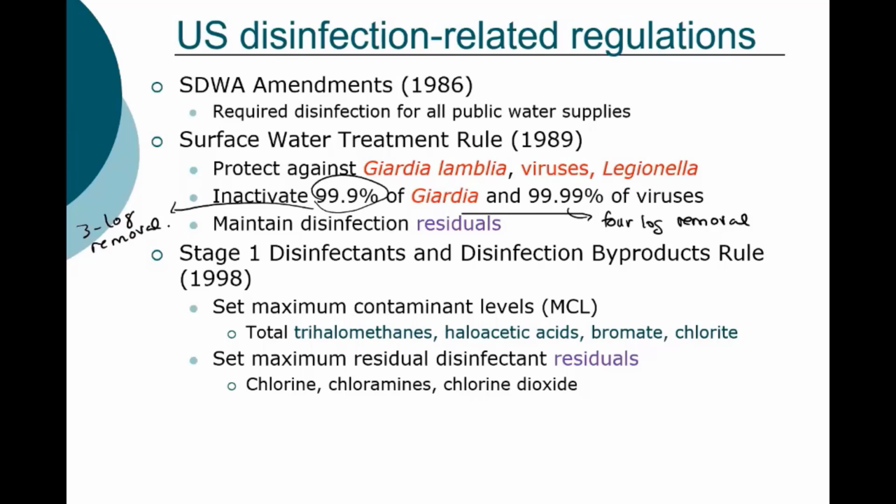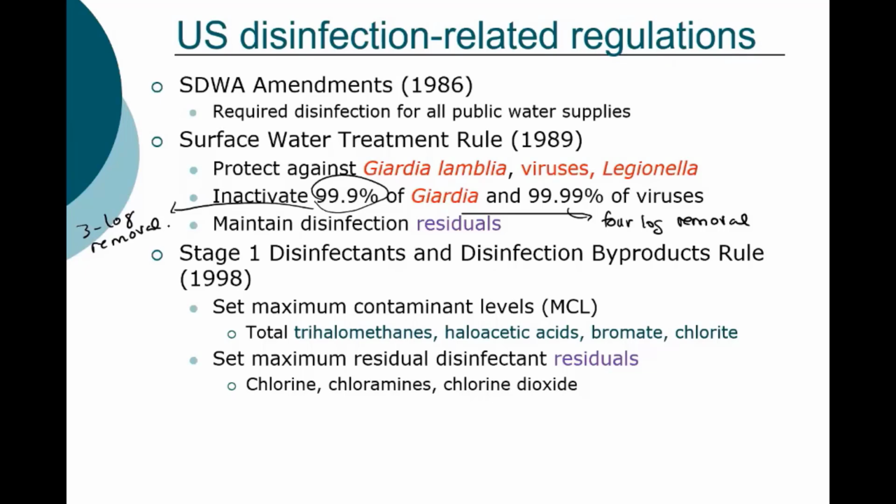The Stage 1 disinfection and disinfection byproduct rule was not promulgated until 1998. And that set maximum contaminant levels for trihalomethanes, haloacetic acids, bromate, and chlorite. And we'll look more at these as we look at various different disinfectants. But it's relatively recent that we had regulations in the US for disinfection byproducts.